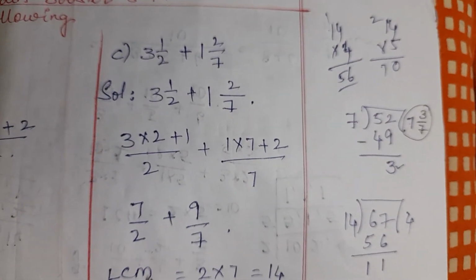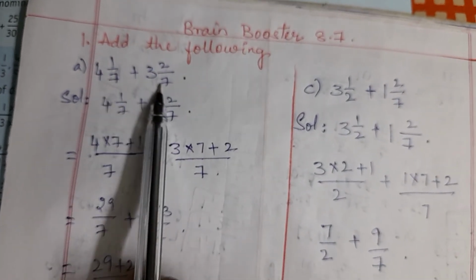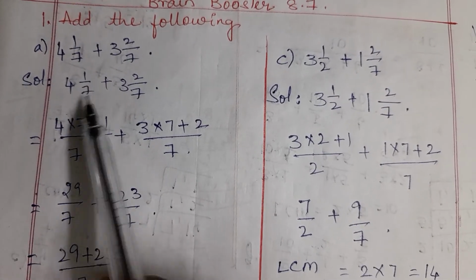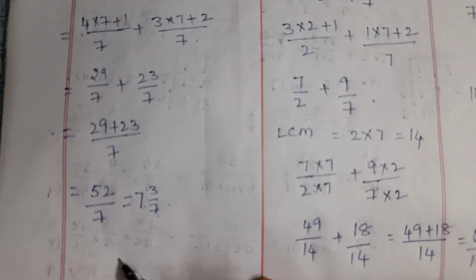7 3 by 7. Okay, now children, this is in case when both the fractions are like fractions. Just changing into improper fraction and then adding.